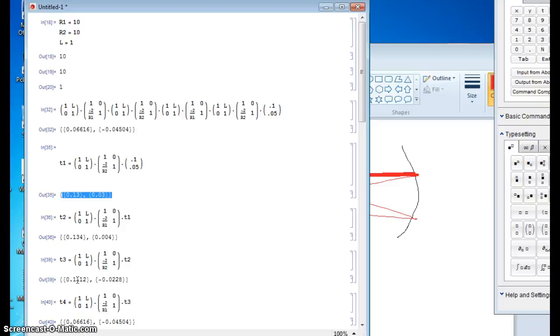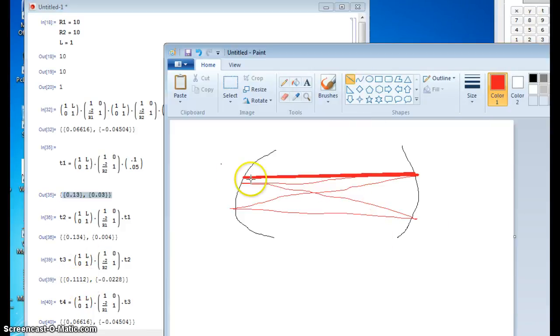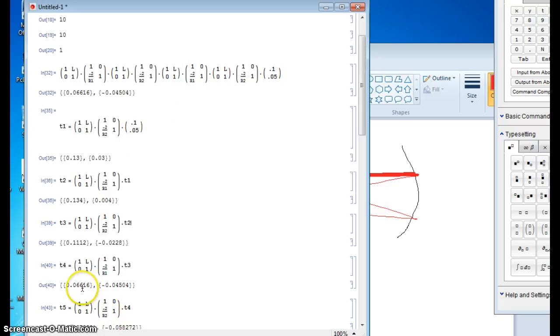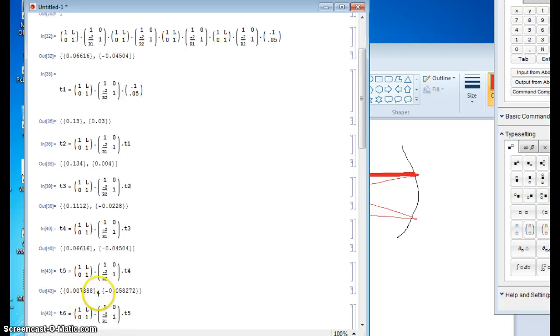So R1 to R2, R2 to R1. Yeah. So trip 3, we start to go down again. What's going on here is that we're going up, up, and then back down, and then back down, back down.